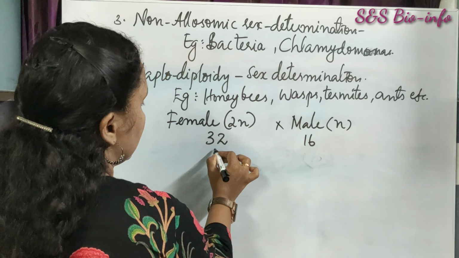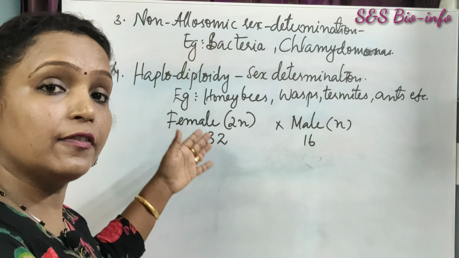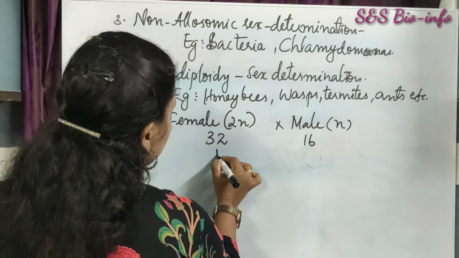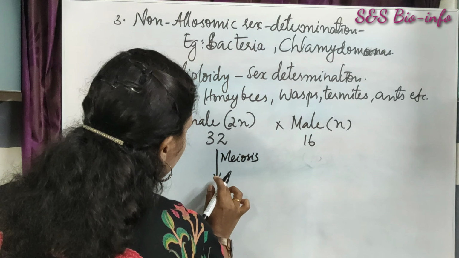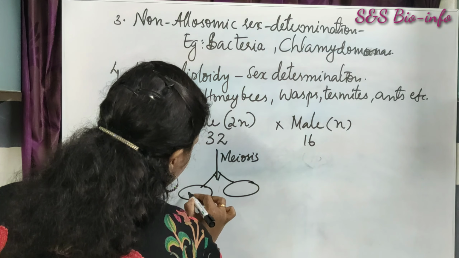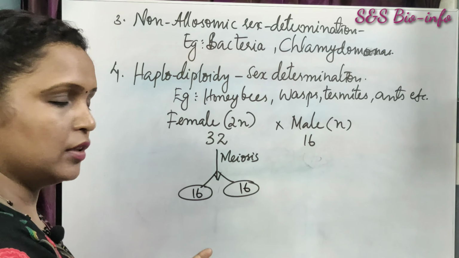This is the diploid cell, that is the haploid cell. Here the female produces haploid eggs by meiosis. It produces eggs with n number of chromosomes, that means 16 in each cell.